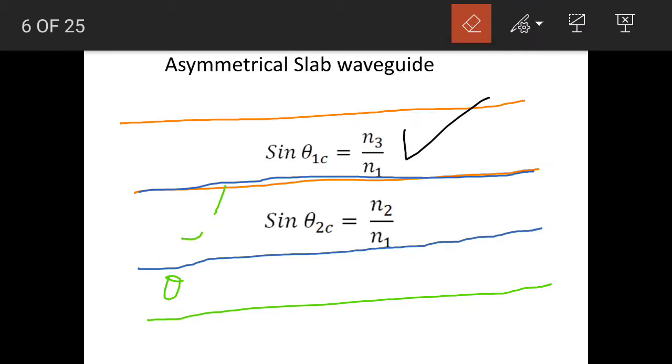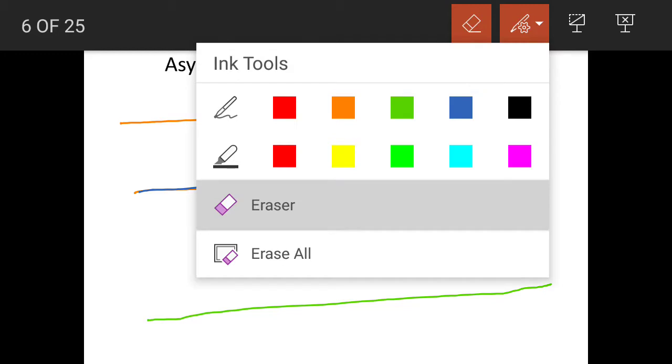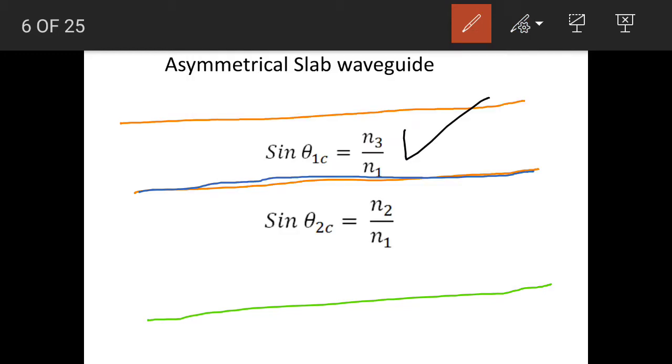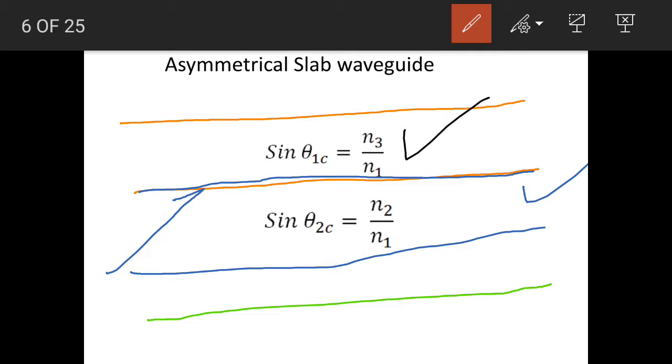Similarly, we consider another angle as well. Here is the central layer of the asymmetrical slab waveguide, and the ray travels in this direction. If the angle is greater than the critical angle, the total internal reflection will take place.